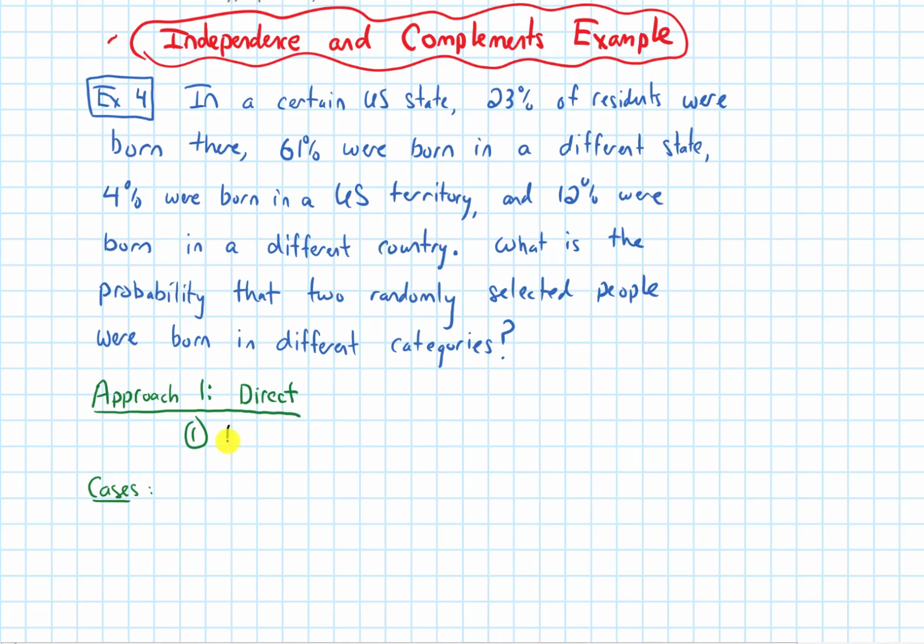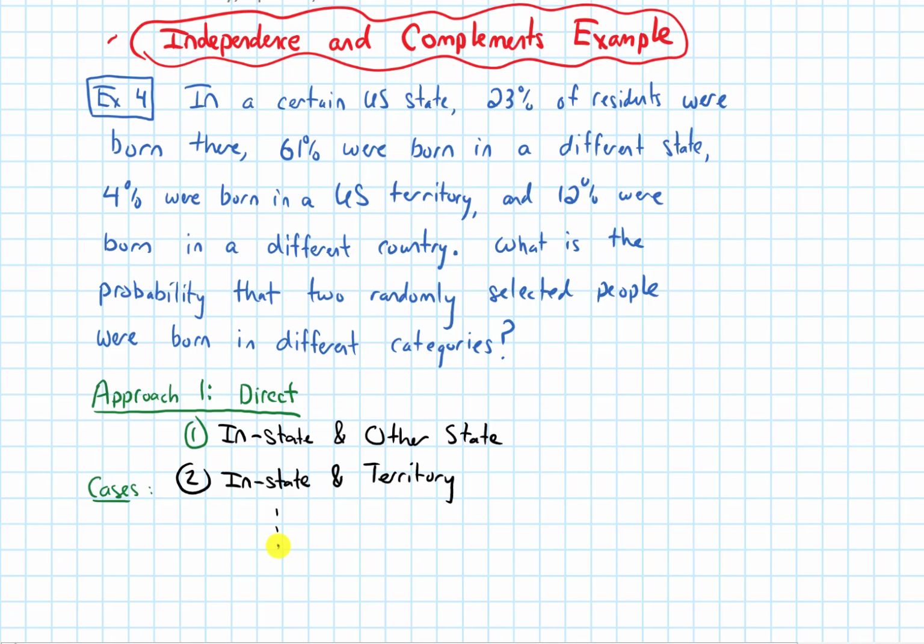we could have the first person being born in state, and the second person being born from another state. We could have another case where the first person is born in state, and the second person is born from a US territory. And we could keep going like this.